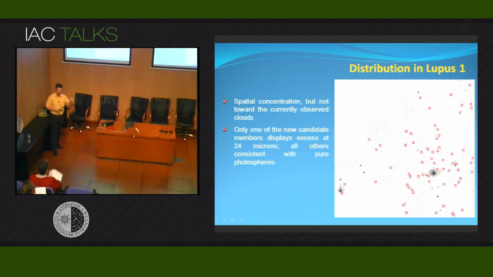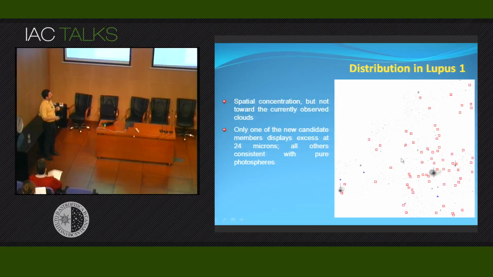So we can fit also spectral energy distributions for three objects that happen to fall on the dark clouds, this one here, and these two here and here, but the rest falls off the clouds. In addition, if we look at the Spitzer results for these objects, we find that only one of these new candidates, represented here by red squares, is detected with excess emission at 24 microns.